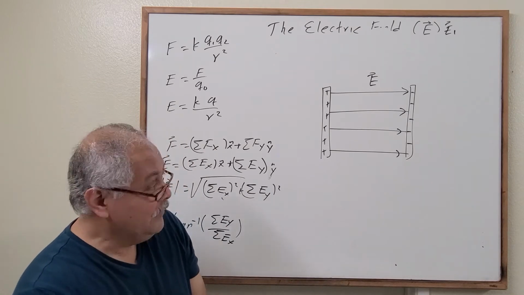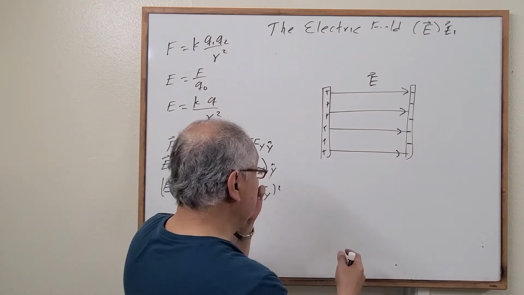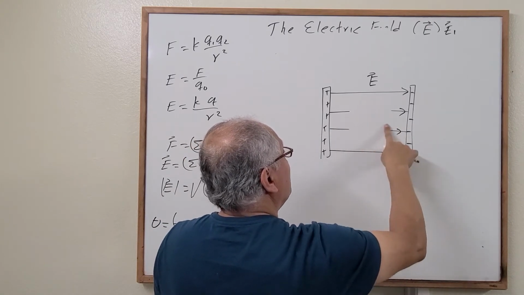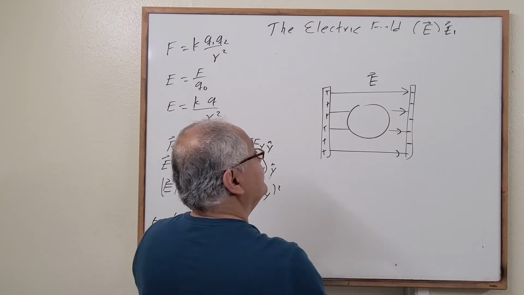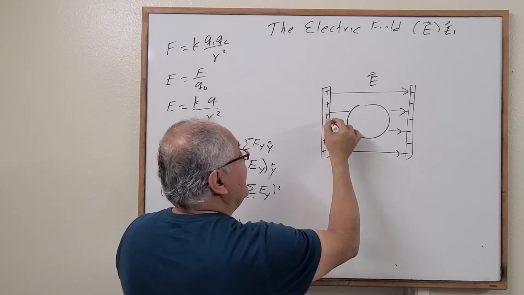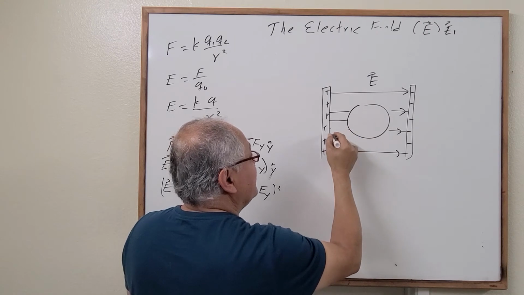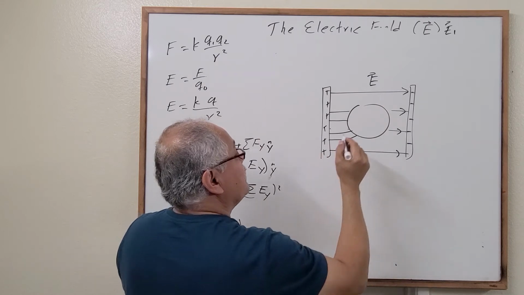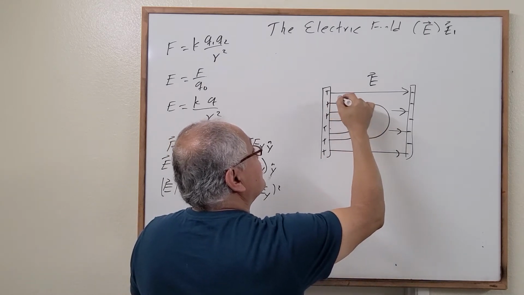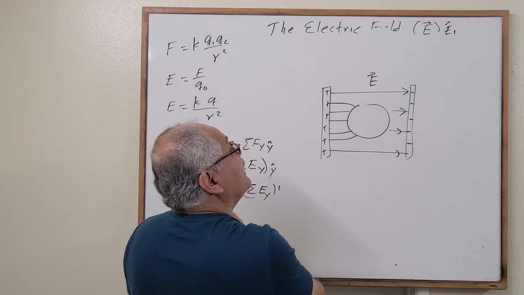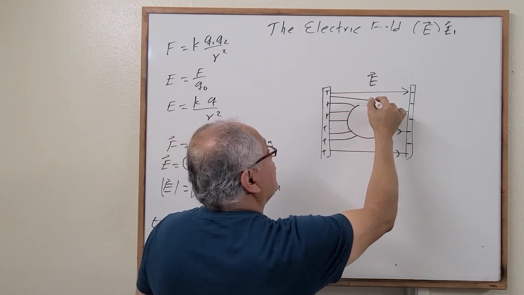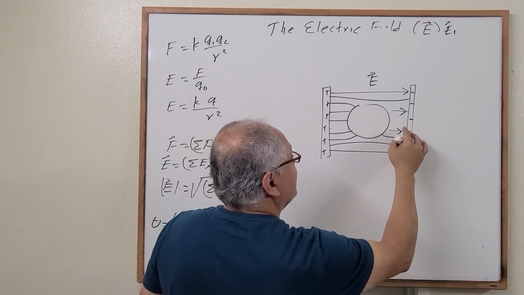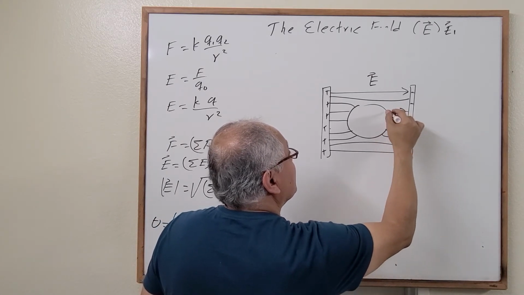Correct? Perfect. Now imagine that we place in between a conductor. What happens if we place a conductor right here? Now look, if we have a line coming, it must be perpendicular to the surface. We have another line right here, going to be perpendicular to the surface. Other lines of force, or electric lines, are going to be perpendicular, and so on.